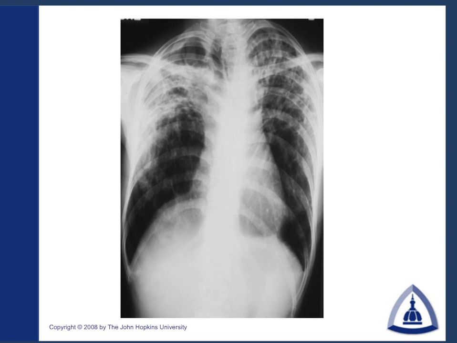Here is an X-ray which shows predominantly upper lobe infiltrates here. And you can see bronchiectasis, tram tracking, these large airways here. And on the right, this cystic space up here in the upper lobe. Now, if we use our mnemonic, it's one of those 5 things.